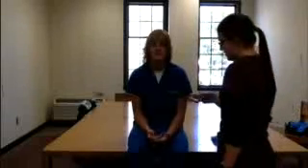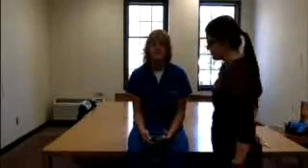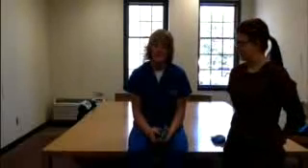Okay, now I'm going to assess cortical sensory with my patient, and stereognosis is going to be assessed by handing the patient a familiar object and seeing if they can identify by touch with eyes closed. Can you close your eyes for me? Okay, I want you to touch this object and tell me what it is. Cell phone. Okay, and she was able to identify that that was a cell phone with ease.